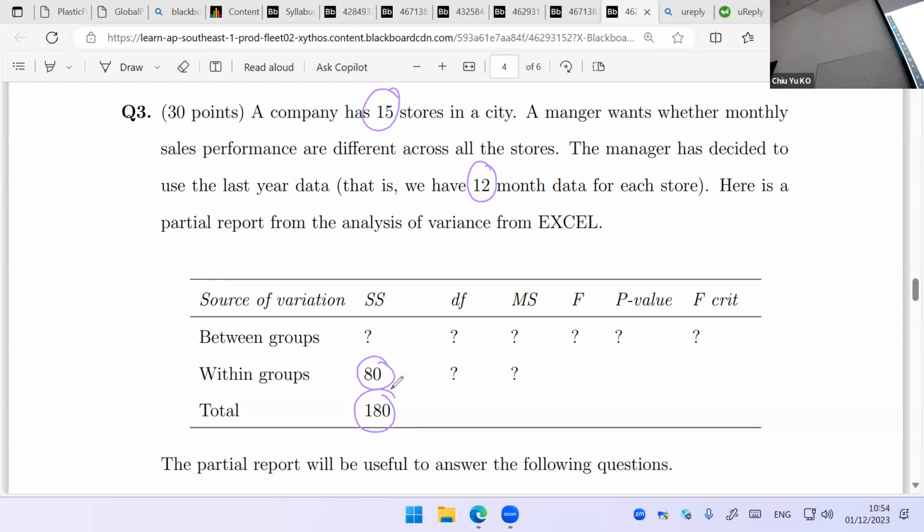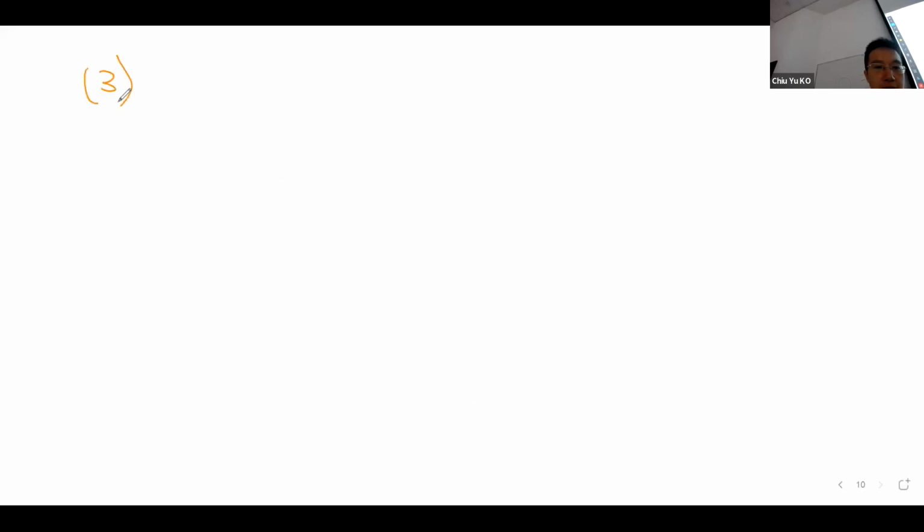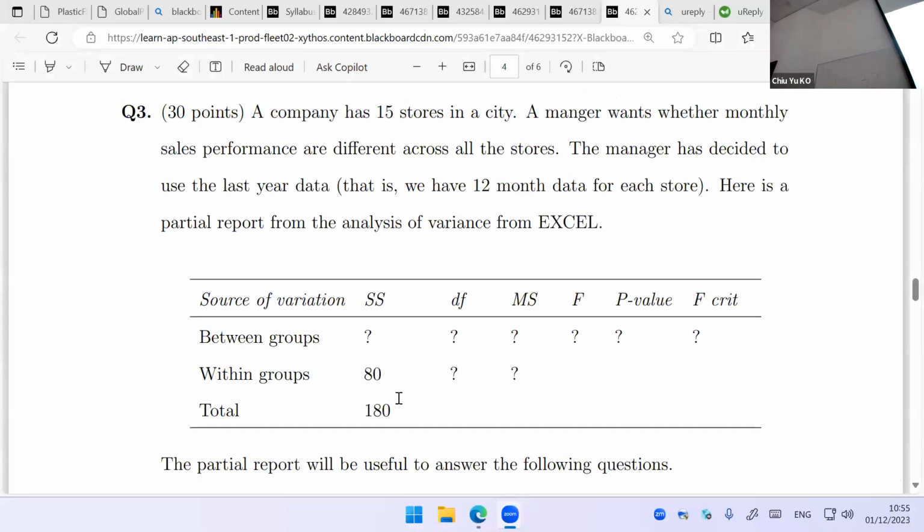If you recall how we do this, just to remind yourself, this is the formula. SST is 180. SSW is 80. So what is SSG?